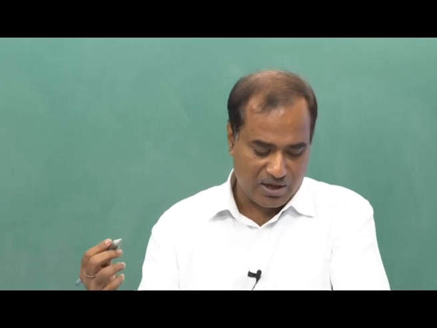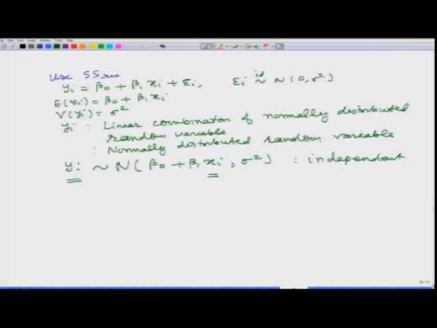In case I use this, the sum of squares due to residual is nothing but the sum of squares of normal random variables. So, SS residual divided by sigma square will follow a chi square with n minus 2 degrees of freedom.